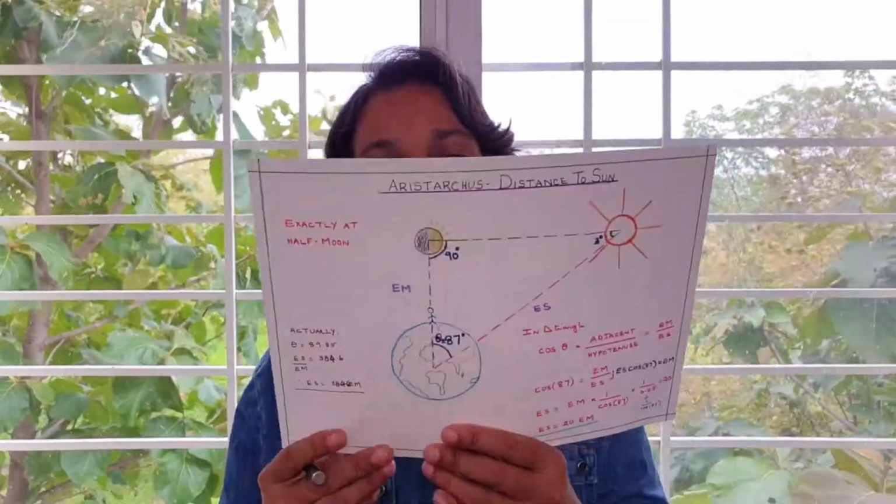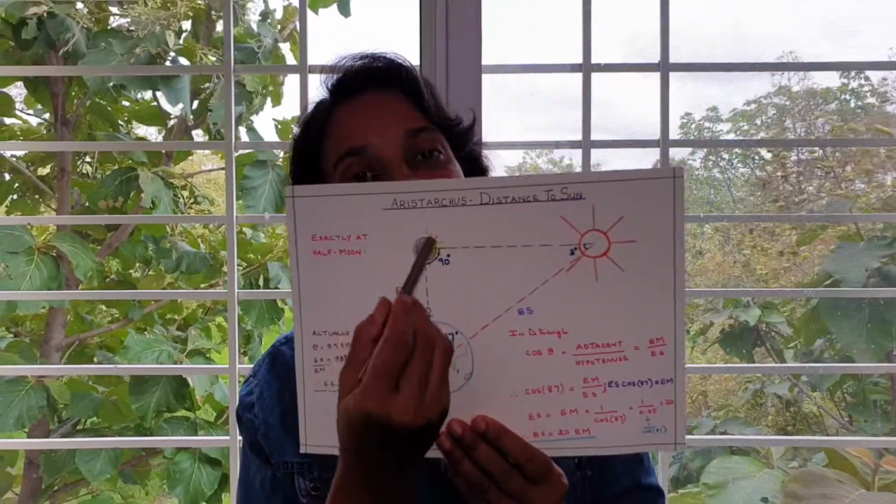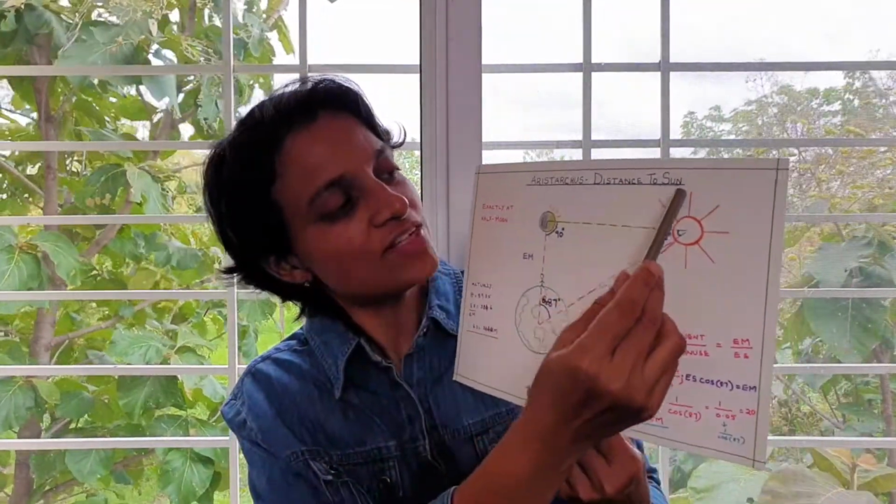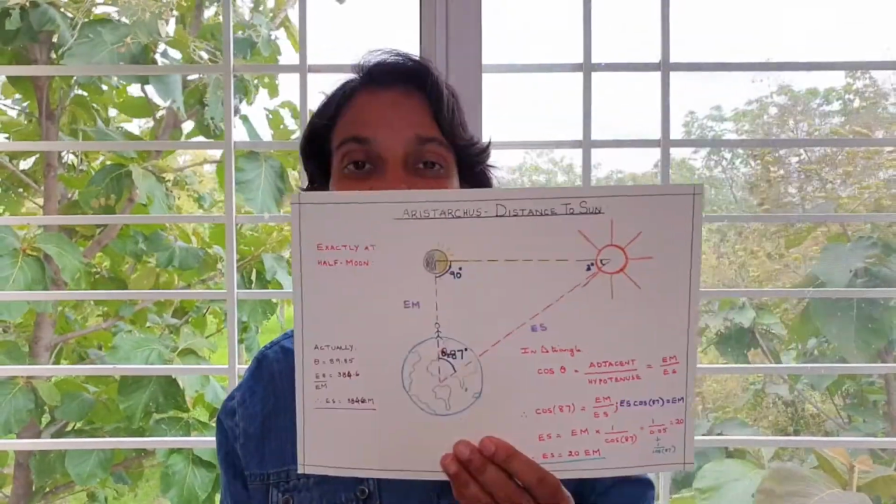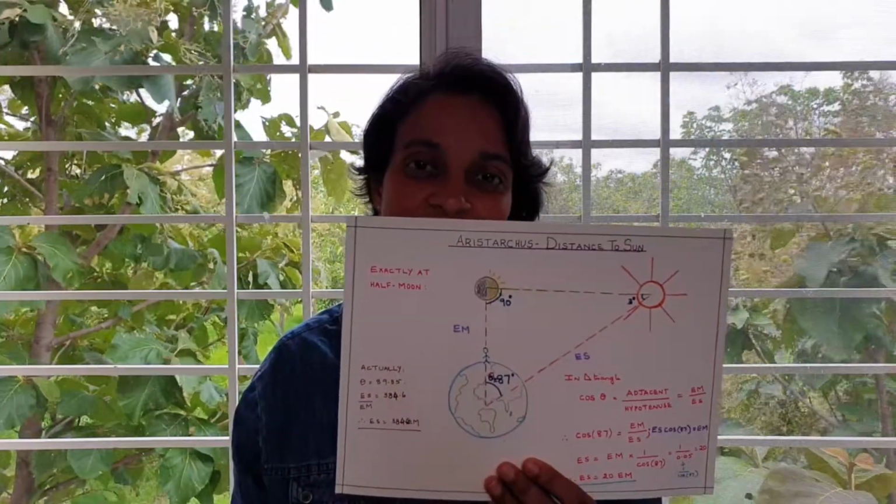One such experiment whose logic is very beautiful, though the results are not accurate, is the distance of the sun from the earth as measured by Aristarchus. Now, centuries ago, people only had lunar eclipses, phases of the moon, or shadows to prove the hypothesis that they thought about.